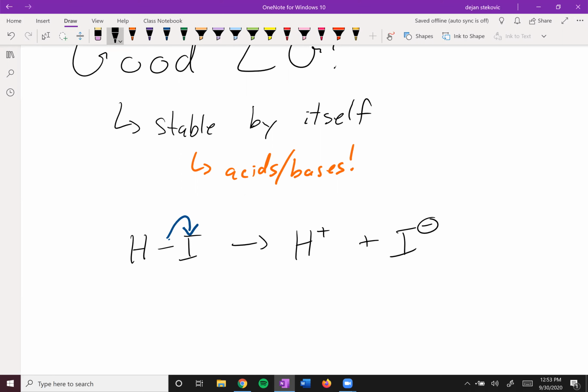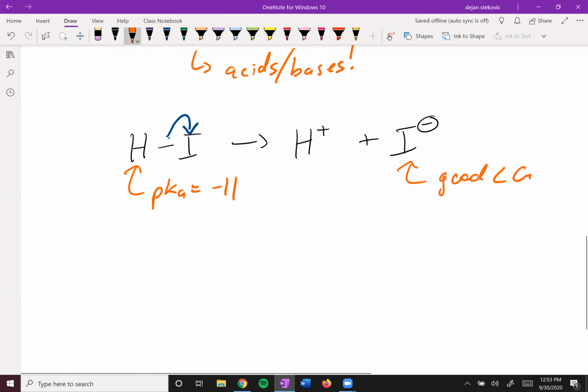And we know this I minus is very stable because we know HI is a strong acid, and it has a pKa of -11, and that's a very strong acid, which makes this iodine a good leaving group. It's relatively electronegative, and it's very large, so it can easily stabilize this negative charge.